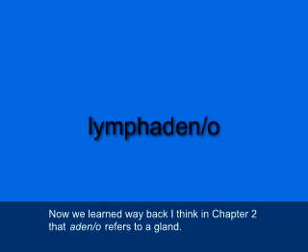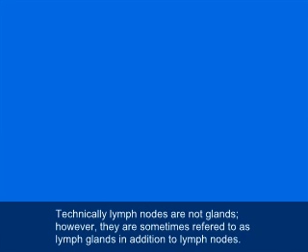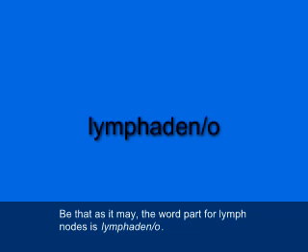Now, we learned way back, I think, in Chapter 2 that adeno refers to a gland. Technically, lymph nodes aren't glands. However, they are sometimes referred to as lymph glands in addition to lymph nodes. But unlike a true gland, they do not form secretions. Be that as it may, the word part for lymph nodes is lymphadeno.